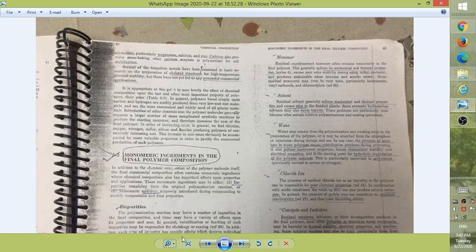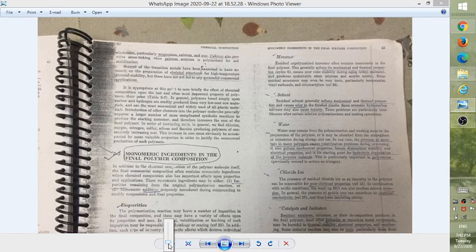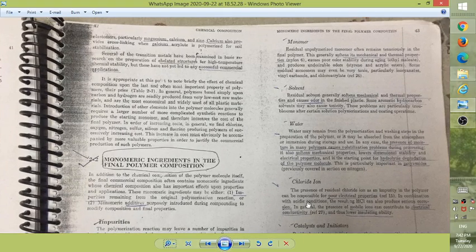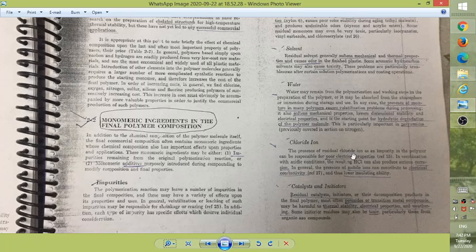Now chloride ion. The presence of residual chloride ion as an impurity in the polymer can be responsible for poor electrical properties. In combination with acidic conditions, the resulting HCl can also produce serious corrosion.